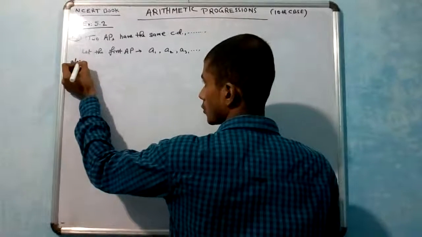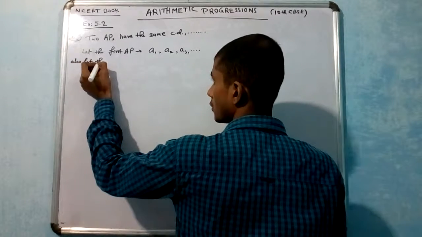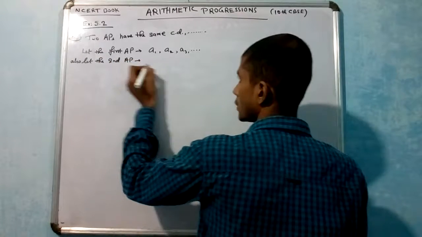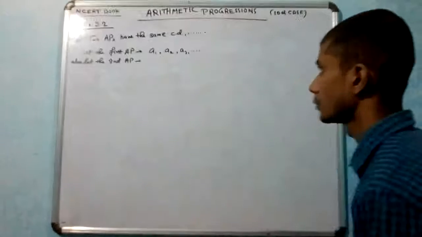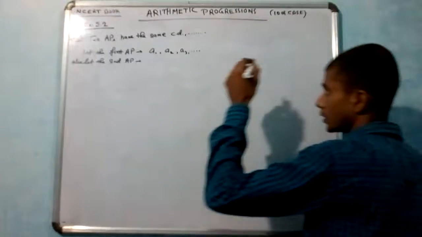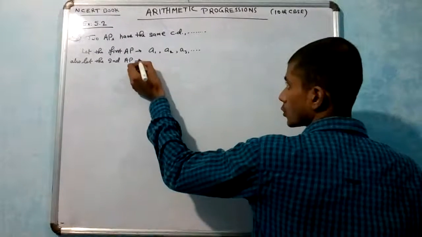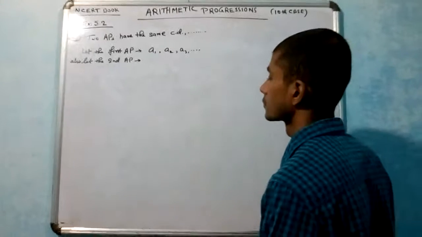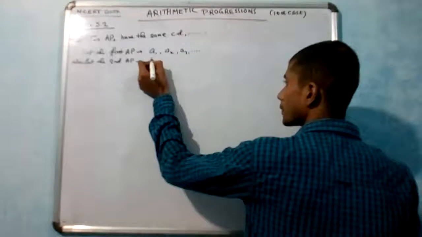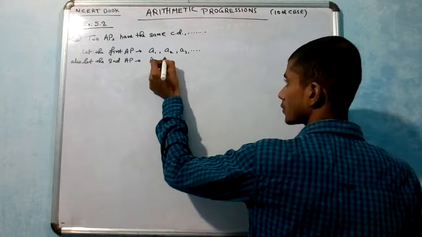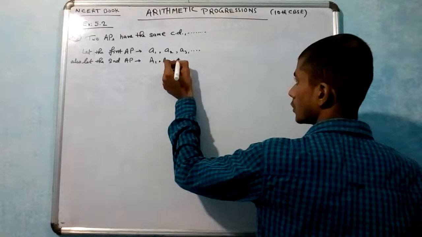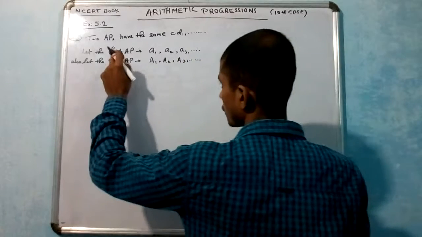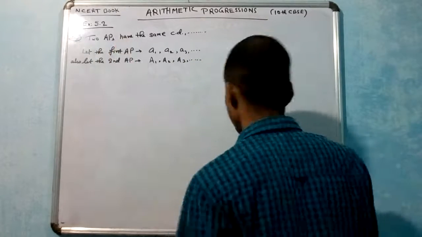Also, let the second AP, it is infinite, it will go 800, 8000. So for this second AP, what should we assume? Can you assume capital A? No problem, A1, A2, A3.